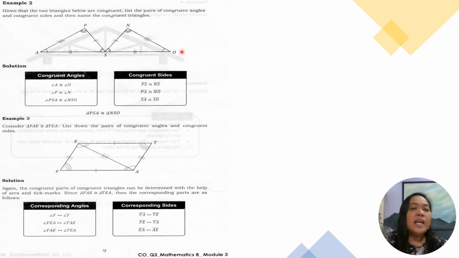Now, if triangle PSA is congruent to triangle NSO, what are the corresponding congruent parts of these two triangles? Before we do that, let us first make sure that the vertices coincide. The vertices of triangle PSA, and this one is for triangle NSO.